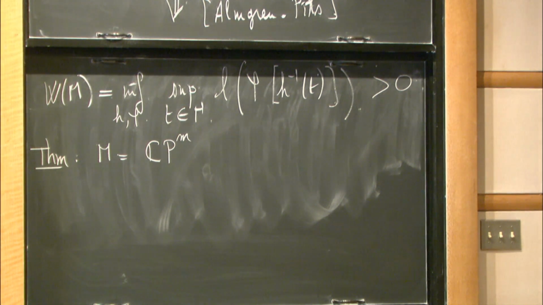Because inside CPN you have CP1, a two-dimensional sphere, and then you can ask yourself, what you want to do is to sweep out this two-sphere lying in the middle and compare that with the volume. Okay, it's only a one parameter family of cycles. And you want to do that.